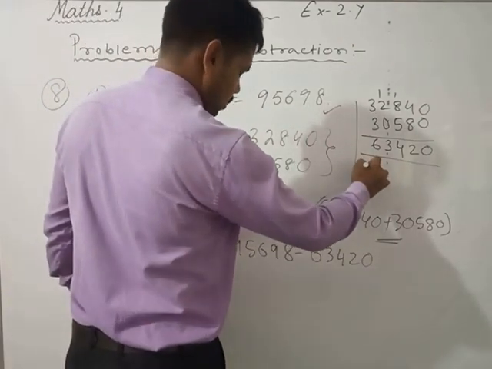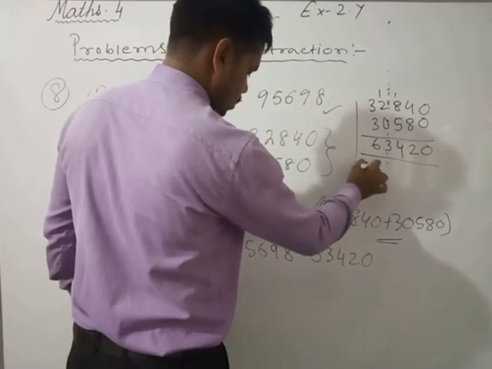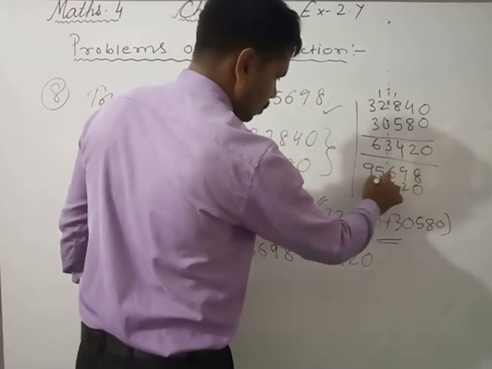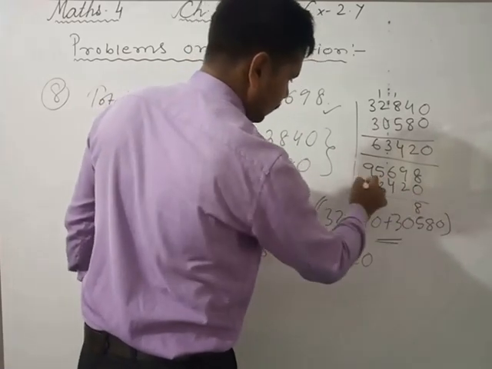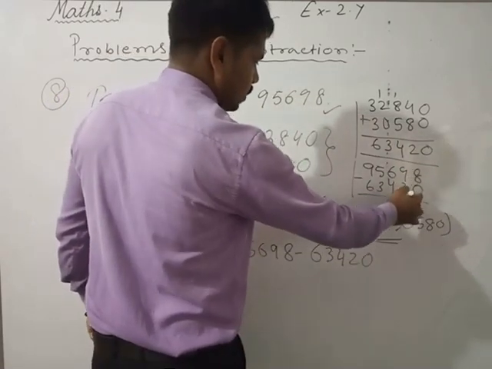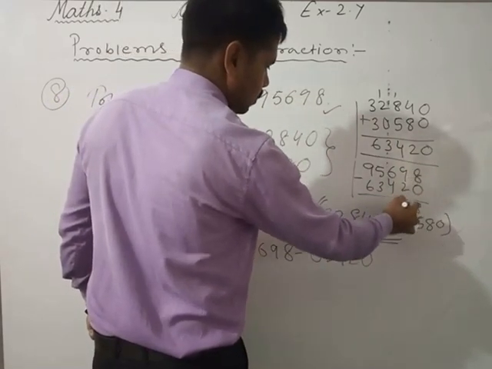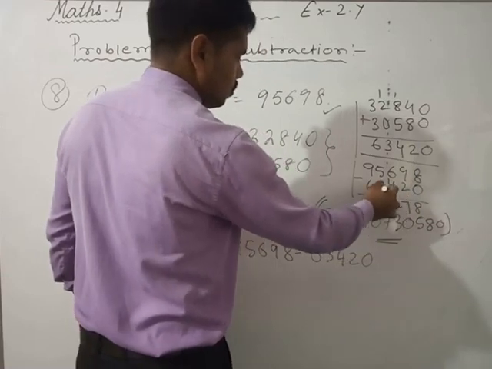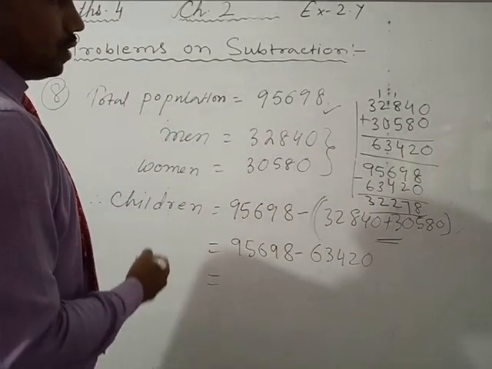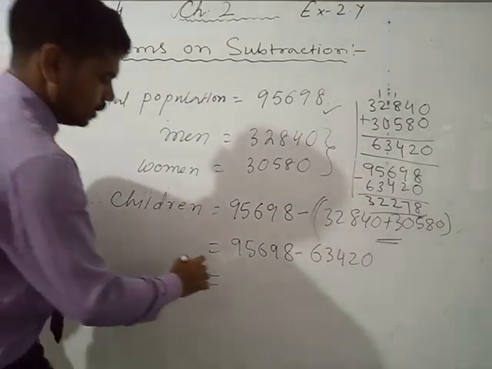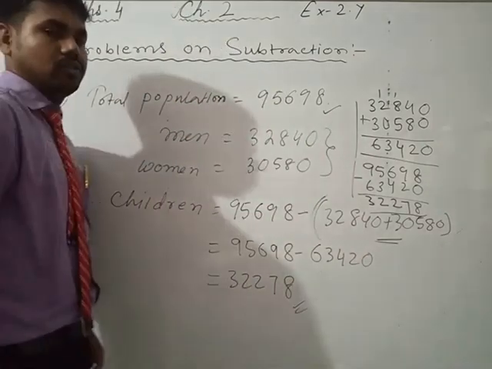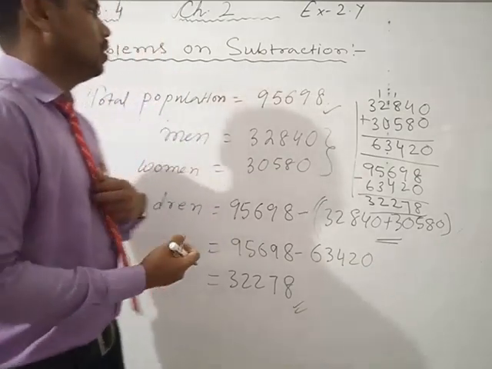So 95698 subtracted by 63420, where this one is the sum. The result is 32278. So 32278 will be the number of children in this particular question.